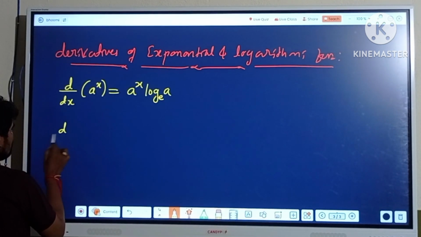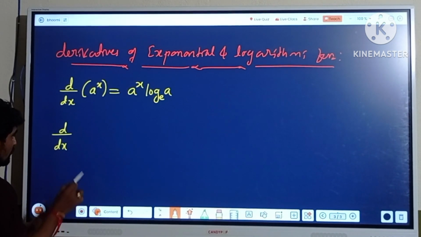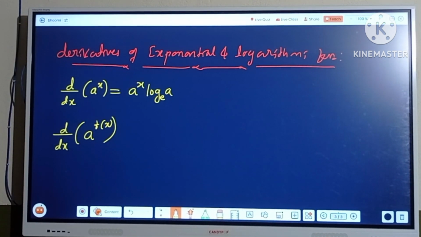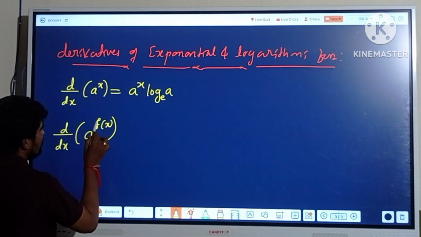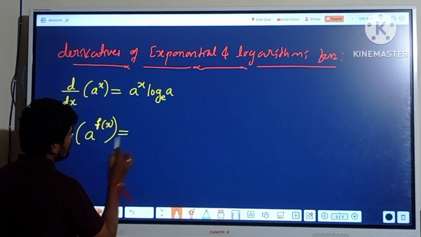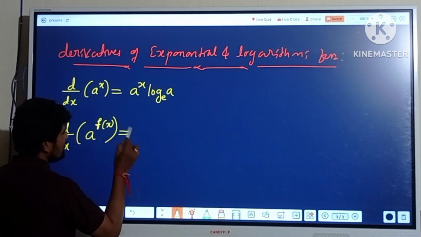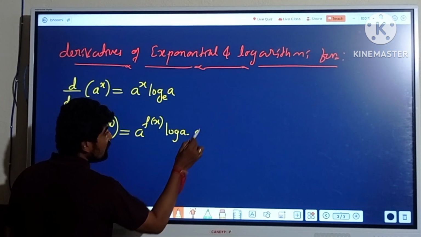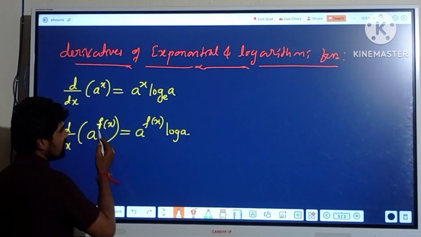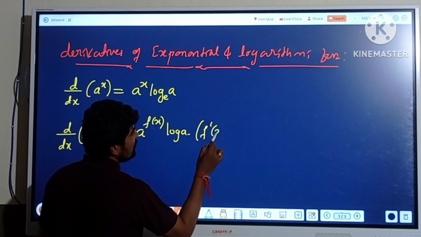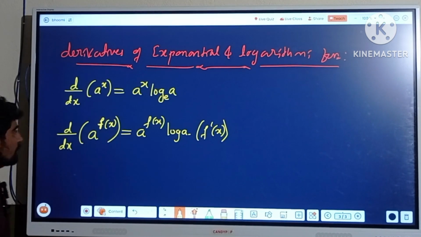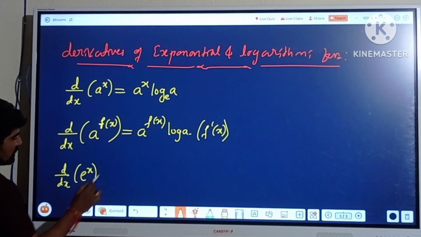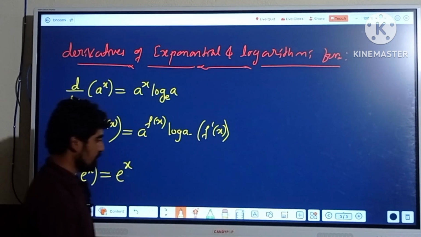Next, if instead of x we are given any function of the form f(x), then the derivative of a to the power f(x) is equal to, same thing here, x is f(x), so as it is, a power f(x) into log a, and into the derivative of f(x), that is f dash x, because we need to use the chain rule here. Next, the derivative of e power x is e power x.